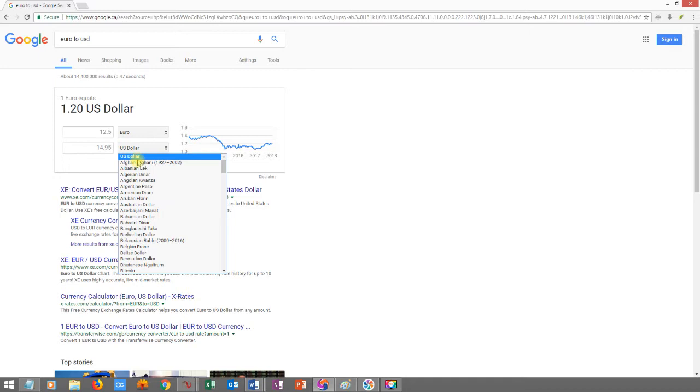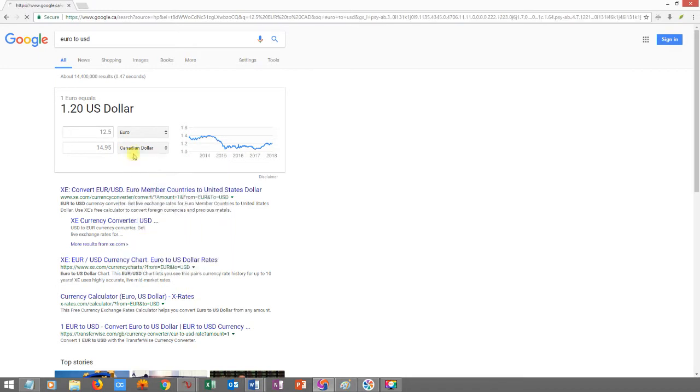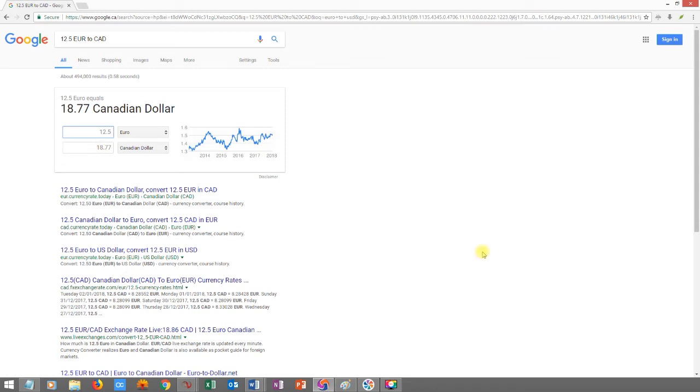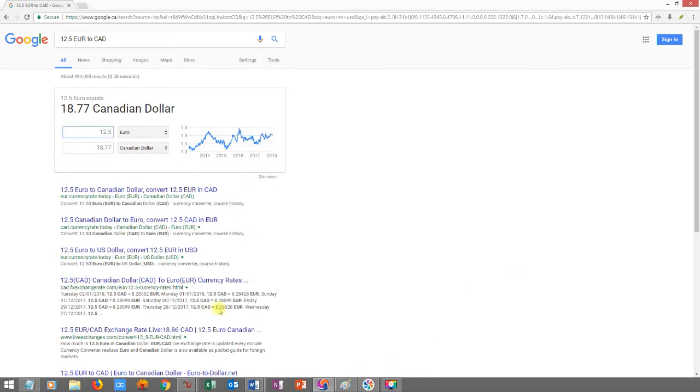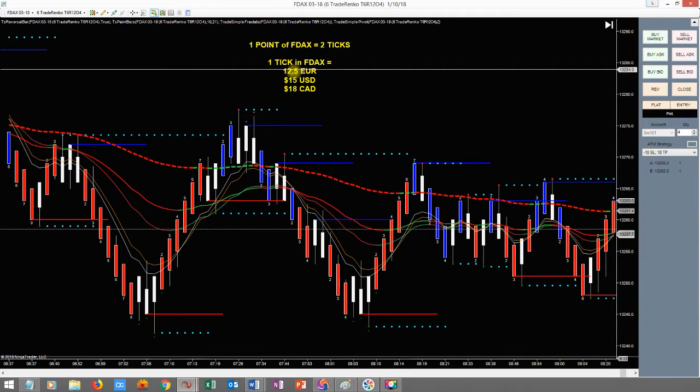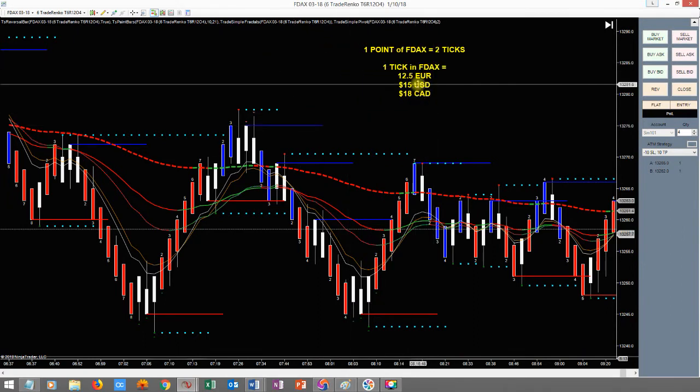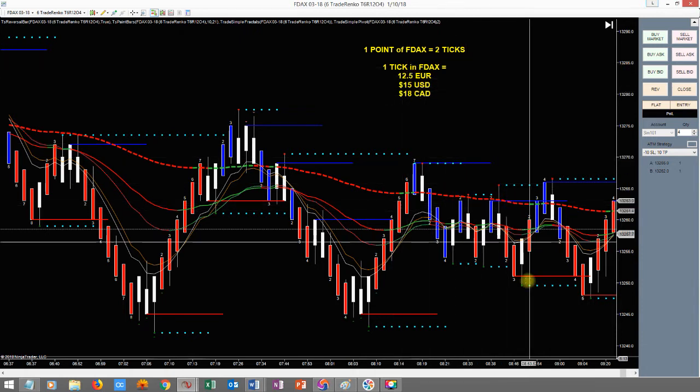And for Canada, where a lot of our viewers are from, that would be $18. Let me just write it over here: $15 USD or $18 Canadian. I want to stick that in this chart and leave that for everybody to view. So remember, 1 tick equals $15 USD. We'll just stick to $15 USD for now.